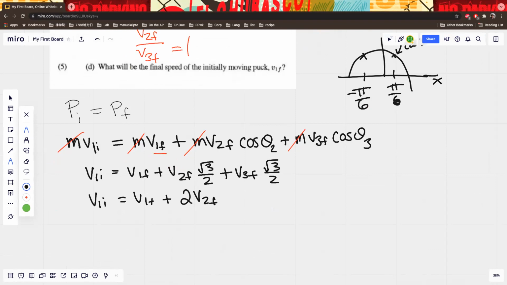So we've eliminated the V3F now due to symmetry. That does look good. And then you just isolate for the V1F.